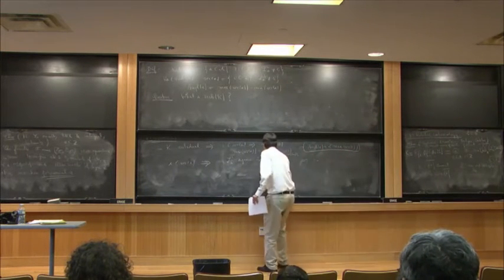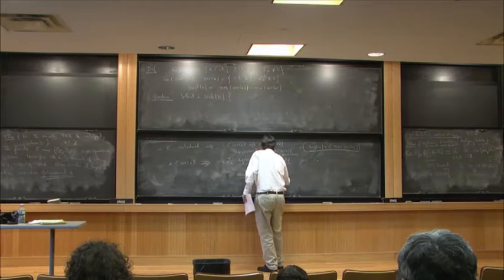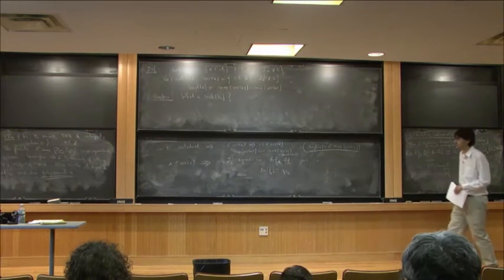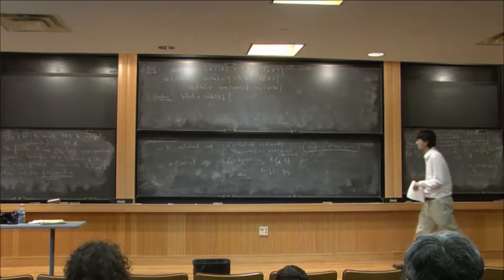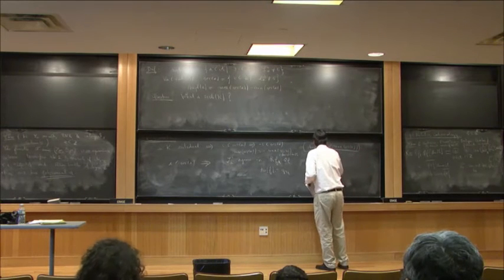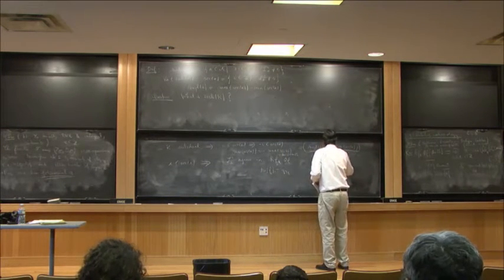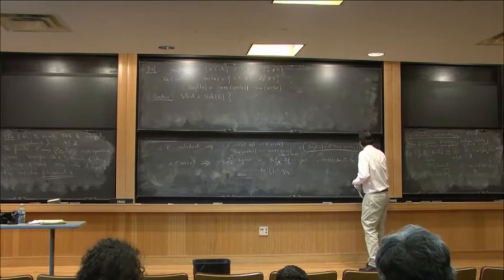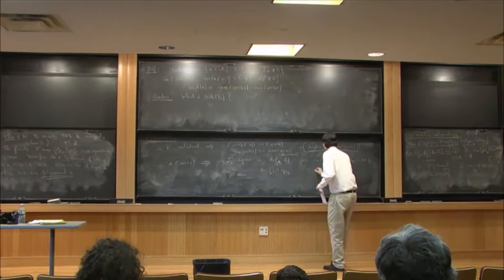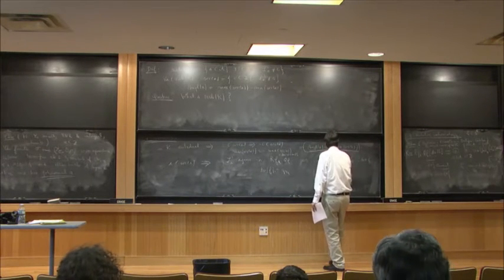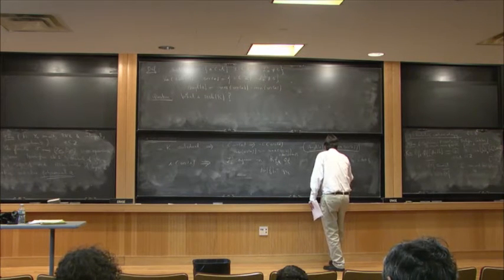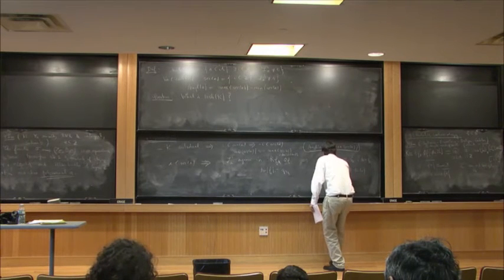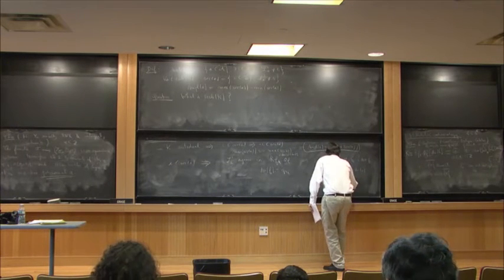So let me denote by d the dimension of f, the arithmetic genus common to all spectral curves. So we get that i minus dimension of a plus dimension of M is less than or equal to 2d, and we can rewrite this as i is at most 2d minus dimension of M plus dimension of a. And this is also d minus the dimension of the base, plus the dimension of a.